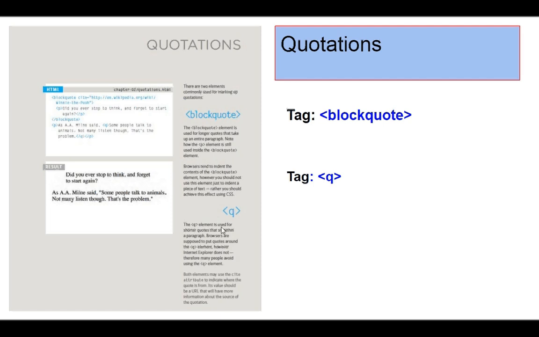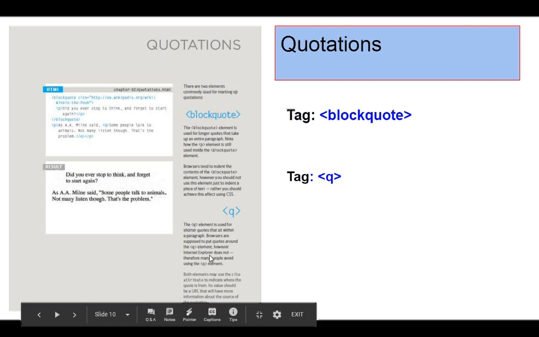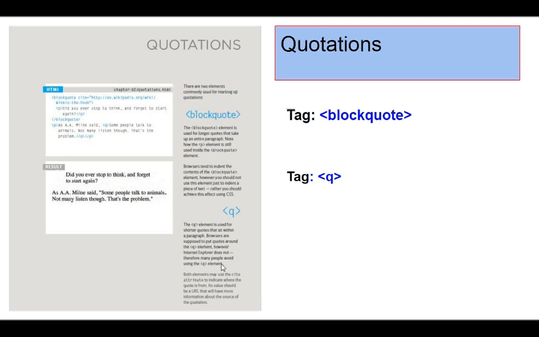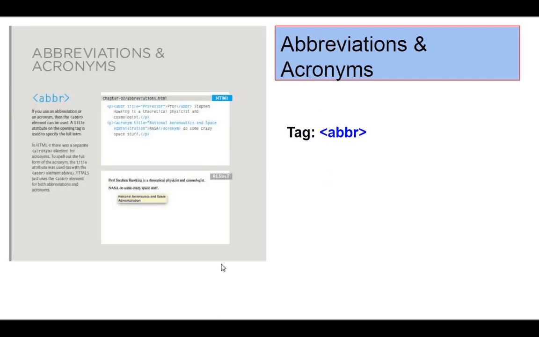Okay, there is one more tag called q, which is for shorter quotes within a paragraph. Browsers are supposed to put quotes around the q. However, Internet Explorer does not, therefore many people avoid using this q. So this gives smaller code, but since Internet Explorer does not support it, most people don't use this tag.